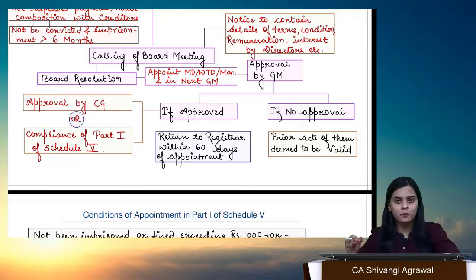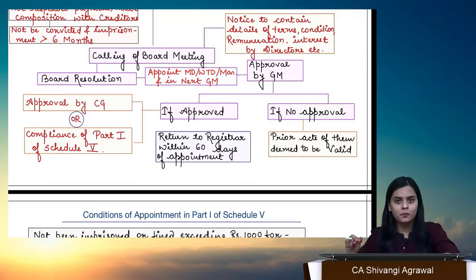The amount that you are paying in your professional capacity is not considered as managerial remuneration. Example, a doctor is also MD. So as MD, whatever he is drawing is managerial remuneration, but as doctor, if he gets some visiting charges, that will not be considered as a part of managerial remuneration, right?